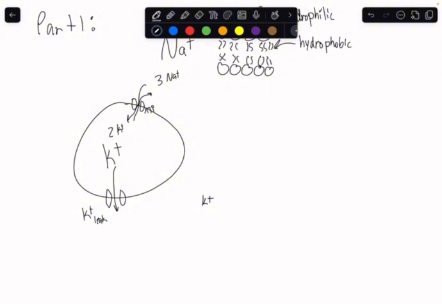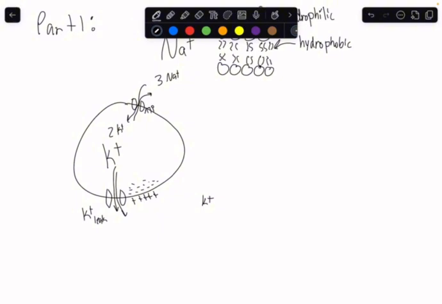As the potassium leaves, it's going from high to low, right? But there are also a lot of negative charges along the membrane, and also positive on the outside. As the potassium is leaving the cell, it's leaving a lot more of these negative charges behind.